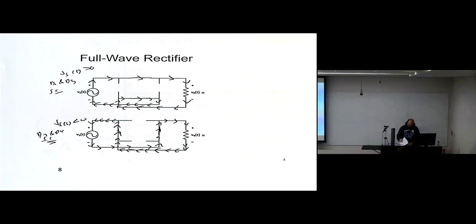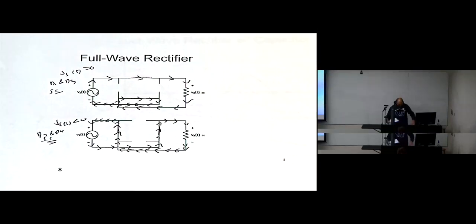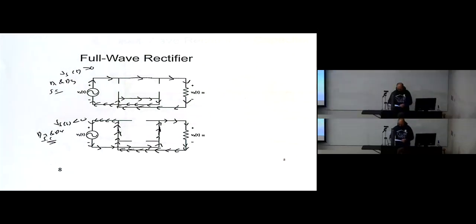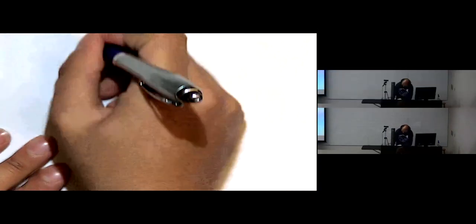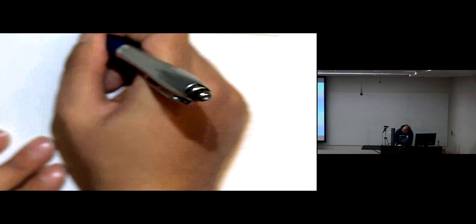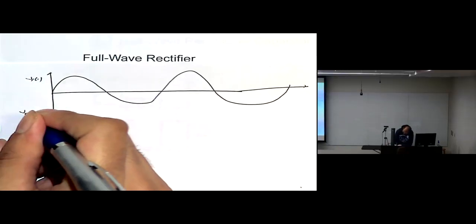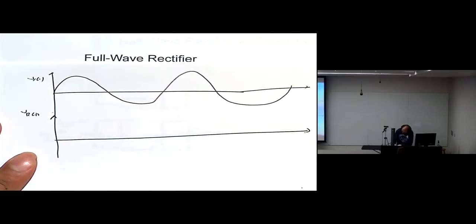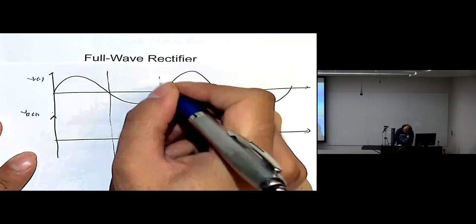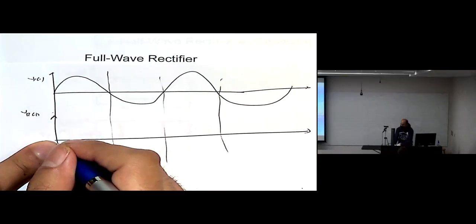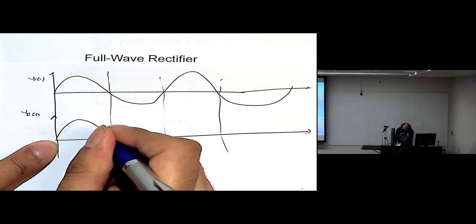Now, how will the waveform be? So this is Vs. Now, this is Vr of t. Basically, in the positive cycle, the current is flowing, then it will be like this.